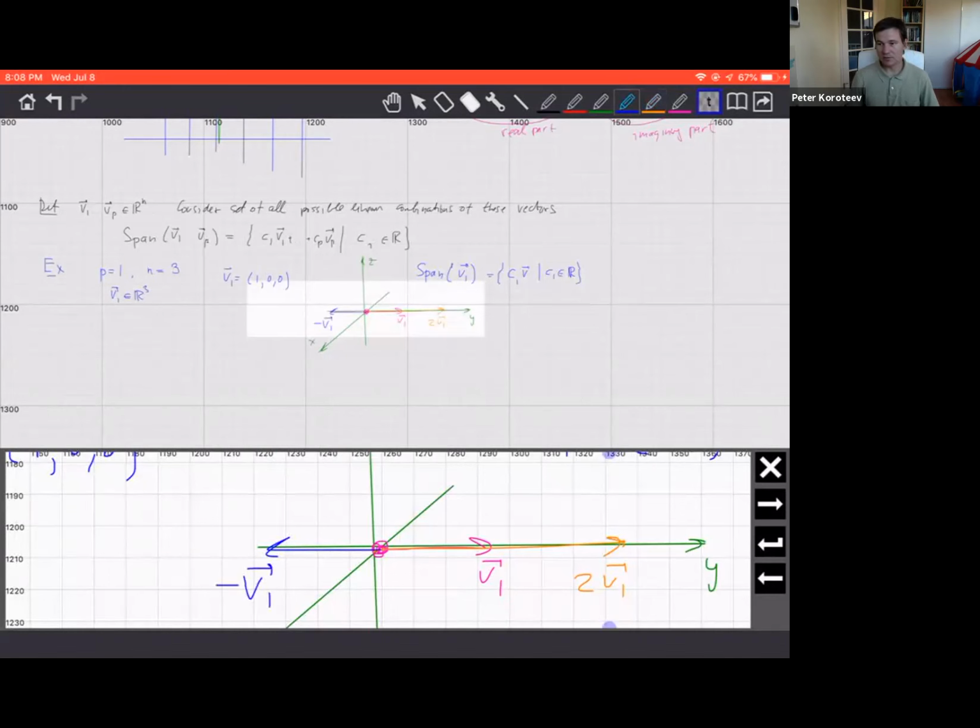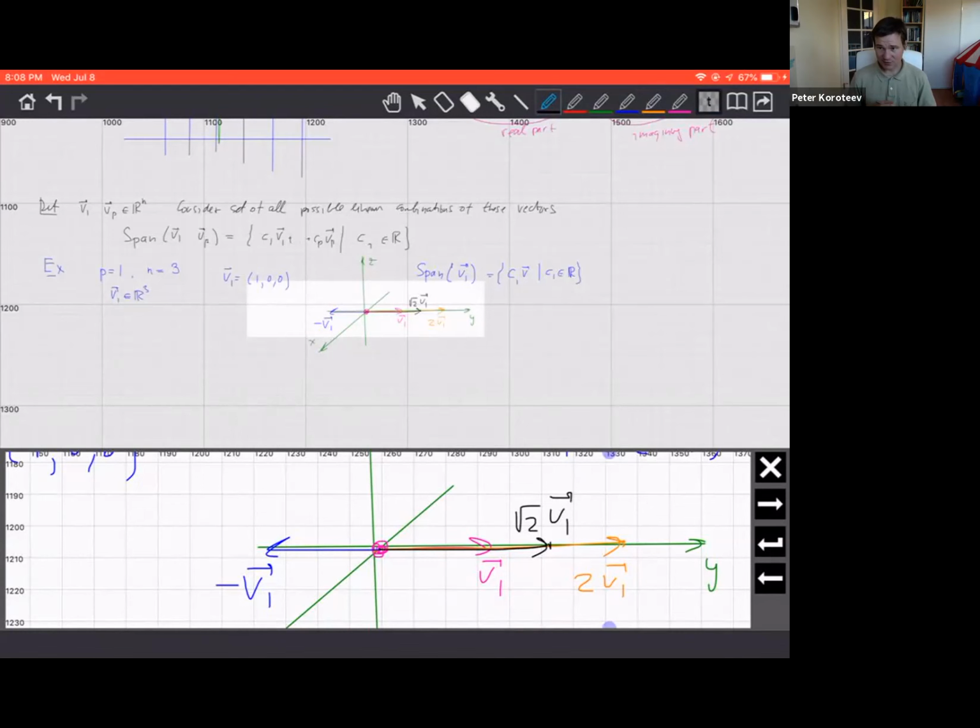You can multiply it by any number n, it doesn't have to be an integer, for example 1.6 or square root 2 times v1, which will be somewhere here. Now imagine that you multiply it by every possible real number, positive, negative or 0.